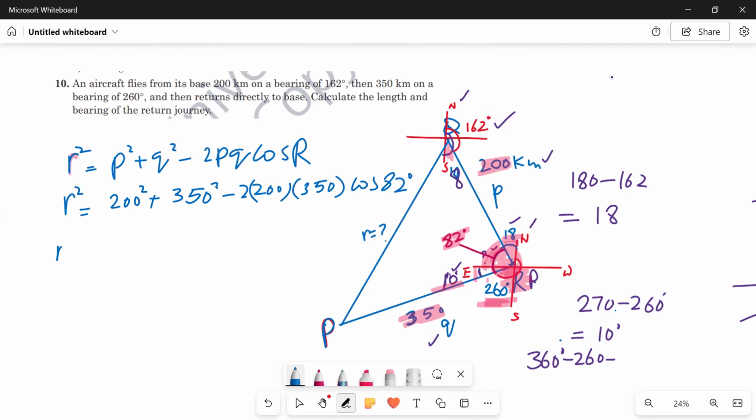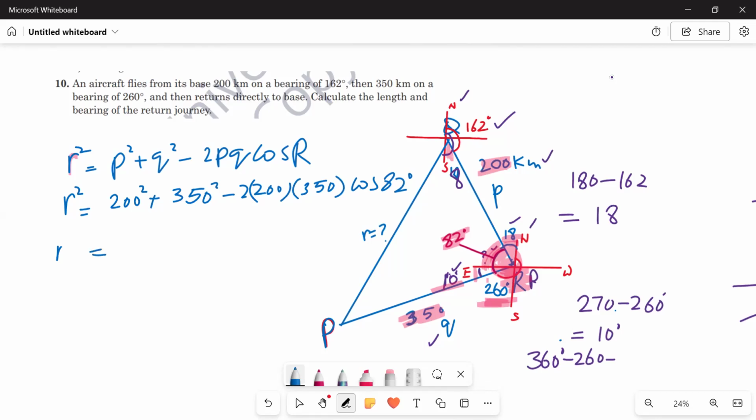And after calculation, it is 200 square plus 350 square minus 2 multiply 200 multiply 350 multiply cos 82 degree.